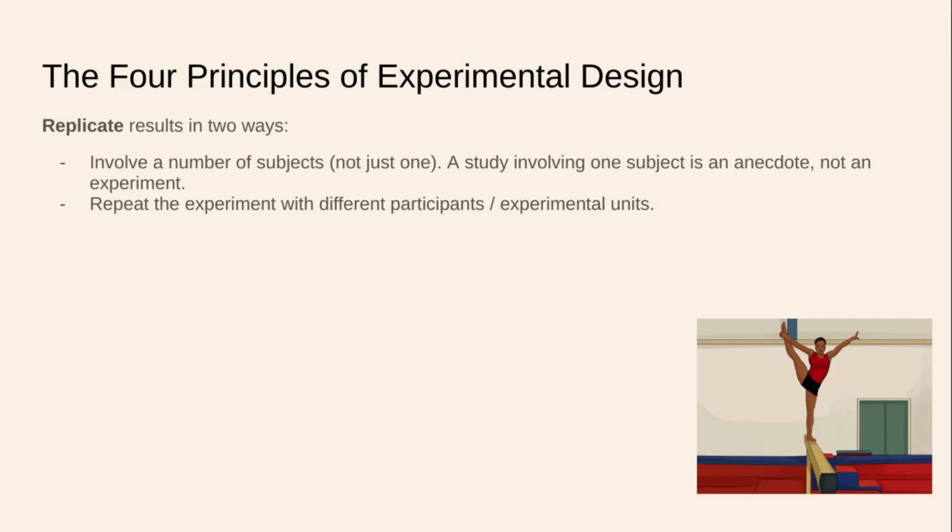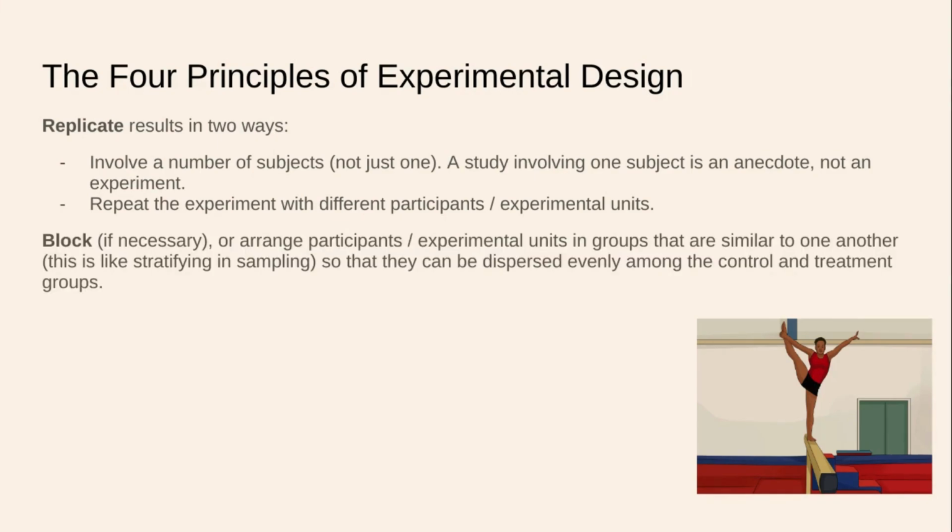We want multiple studies that are saying the same thing, and then perhaps we can make a conclusion about whatever we're studying, whether it's something in the sciences or something in the social sciences or psychology or medicine or whatever. We want multiple studies. We want to replicate our results in that way, and each of those studies should have multiple participants because we don't want to be statistical dum-dums.